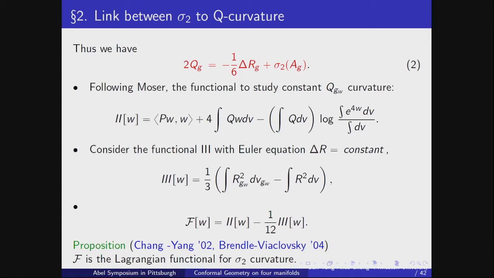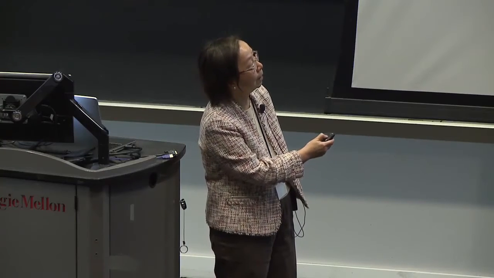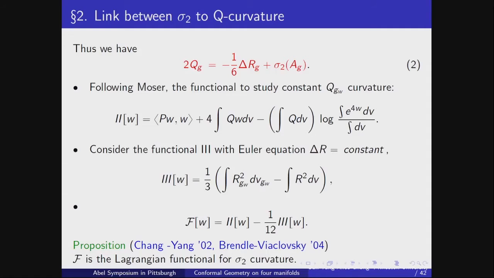After looking at that, we know there's a PDE tool to study Q curvature. How about sigma 2? The thing is, we also seek a functional to study Laplace R, to study this and try to cancel it out. The functional to study Laplace R in a 4-manifold turns out to be scalar curvature squared.